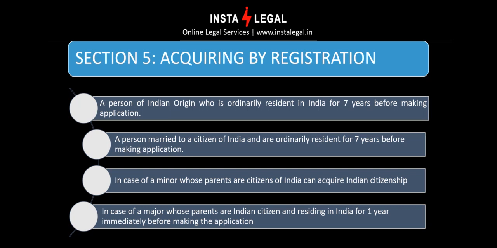B. If he or she marries an Indian citizen and remains an ordinary resident in India for 7 years before putting up their application. C. If they are minors and their parents are Indian citizens. D. If they are majors residing in India for 1 year immediately before making the application, subject to their parents being Indian citizens.